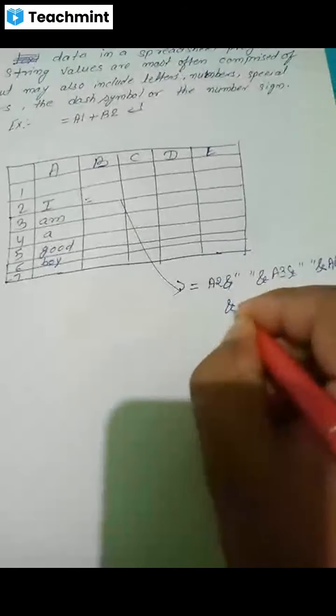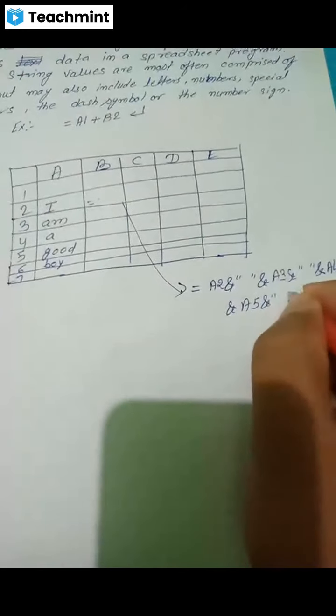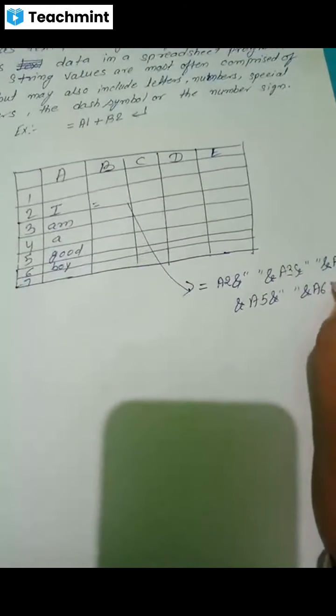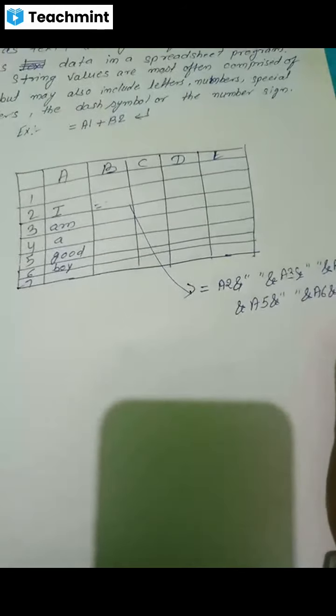Again we write ampersand A5, ampersand, double quotation marks, ampersand A6, ampersand, double quotation marks.